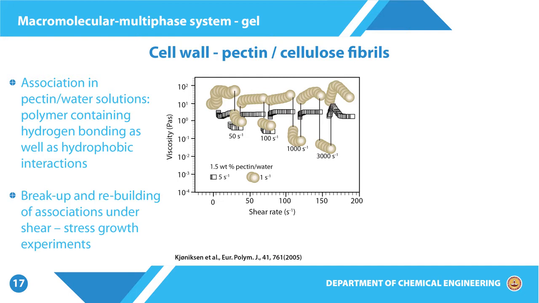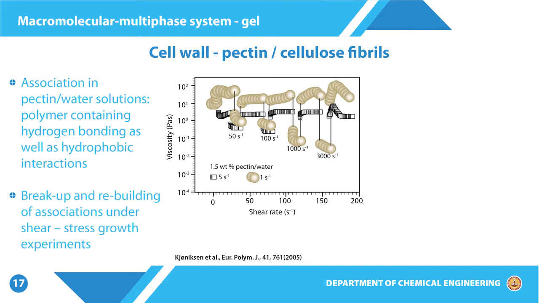So, in this case we are looking at data which is at 5 or 1. So, therefore, we can see that at 5 the viscosity is lower, and at 1 the viscosity is slightly higher, and as soon as we subject it to a strain rate which is 50, immediately viscosity drops.